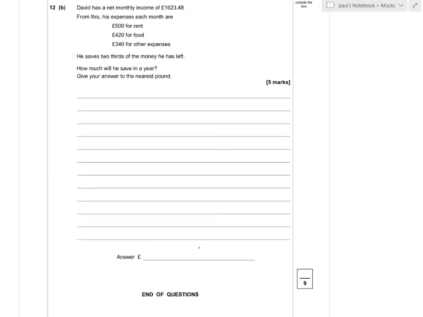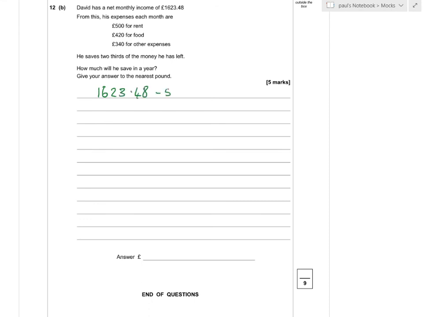And here's David now. David has a net monthly income. Good old David. From this, his expenses each month are rent, food, and other expenses. He saves 2/3 of the money he has left. How much will he save in a year? Right, so let's do 1623.48.